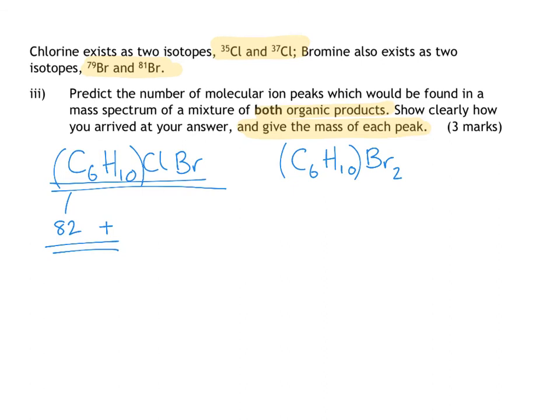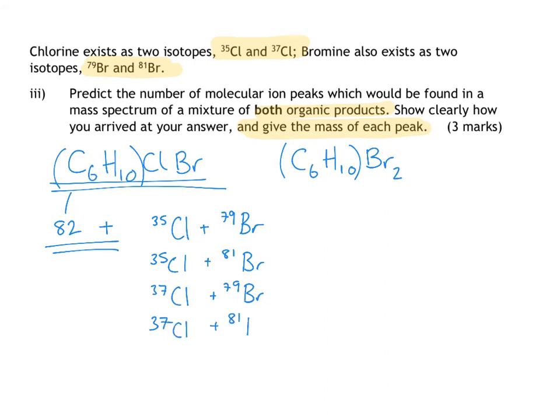So we could have a combination of a 35 chlorine and a 79 bromine. We could have a combination of a 35 chlorine and an 81 bromine. We could have 37 and 79, or we could have 37 and 81.